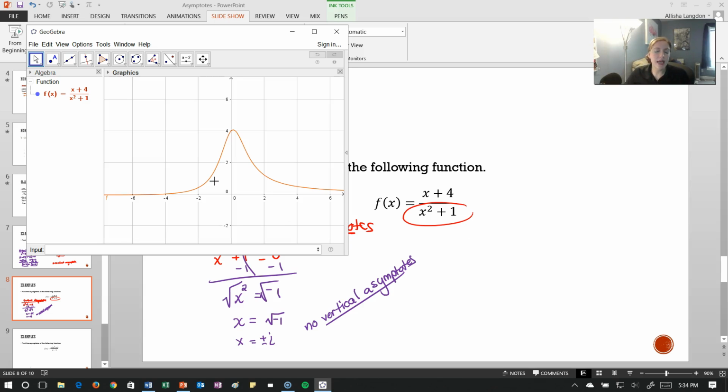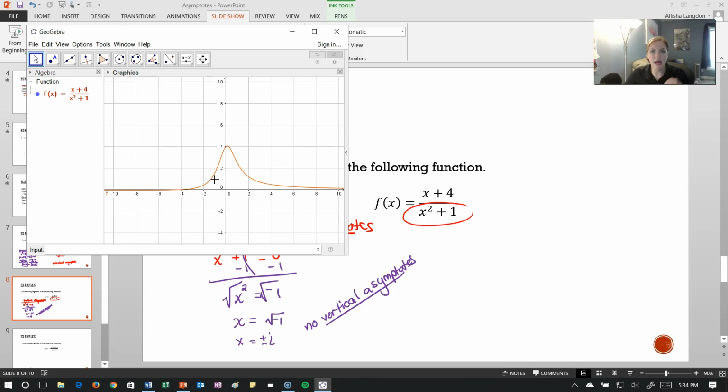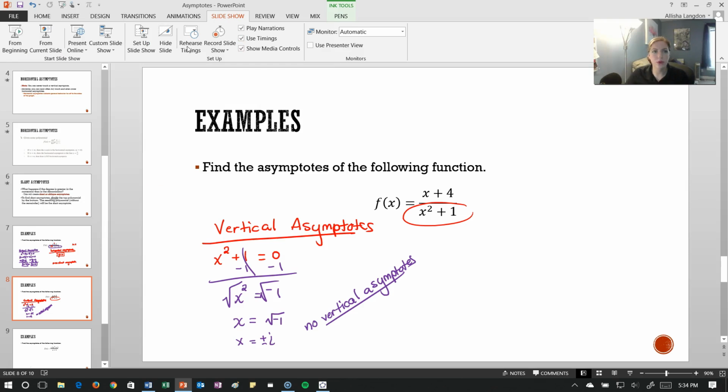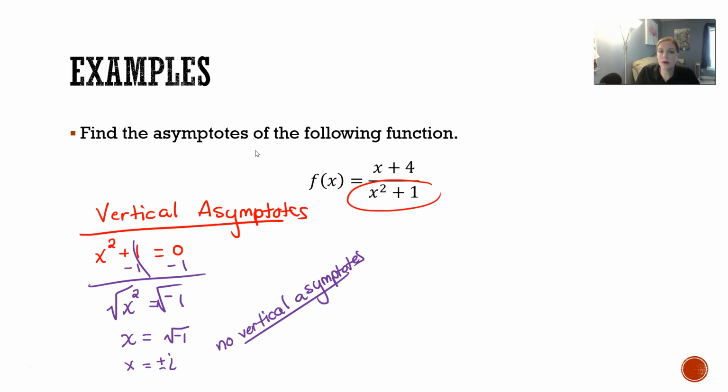Now there is a horizontal asymptote, so let's explore that one. So remember, to determine if there's a horizontal or a slant asymptote, we need to look at our exponents. Now it looks like the largest exponent on top is 1, and the largest exponent on bottom is 2.